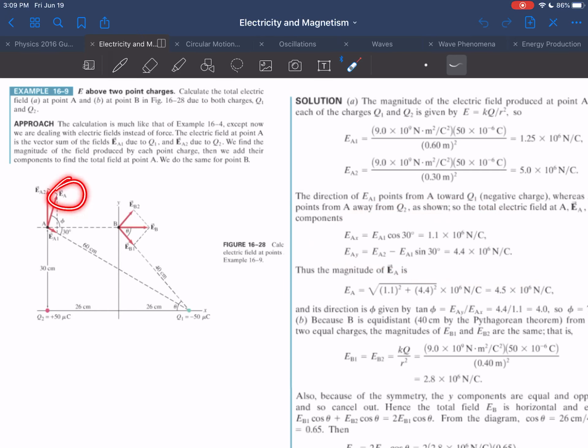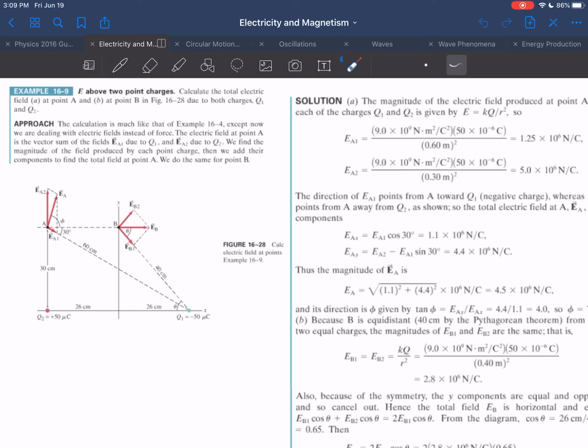you can then figure out the magnitude of EA by observing that the magnitude of the vertical component of EA total will just be EA2 minus the vertical component of EA1. And that's shown right here. EA2 minus the vertical component of EA1 found using trigonometry.